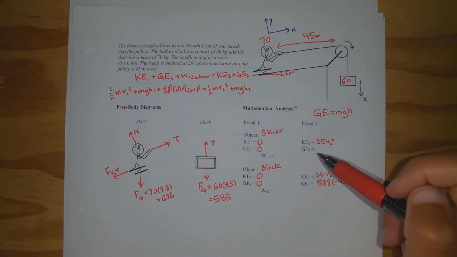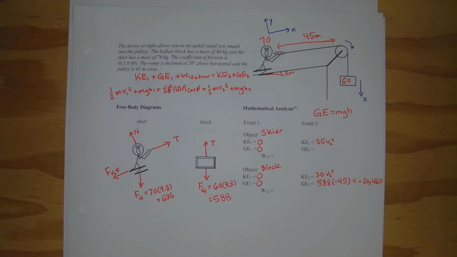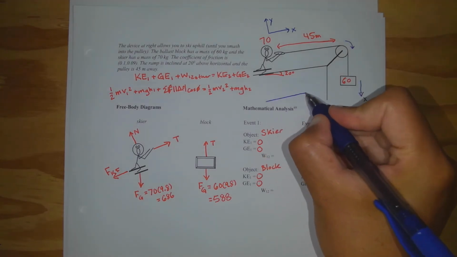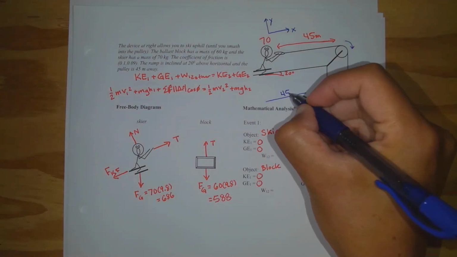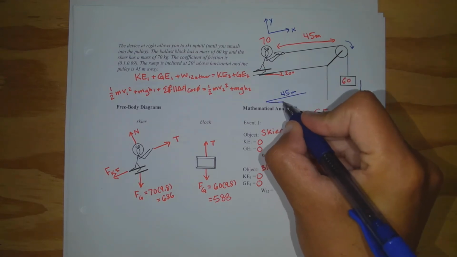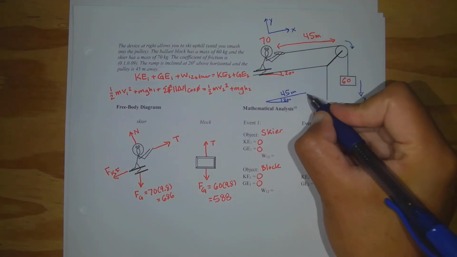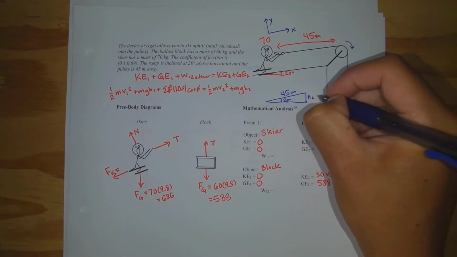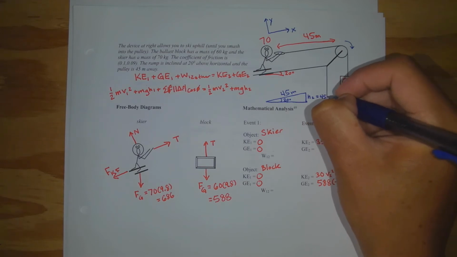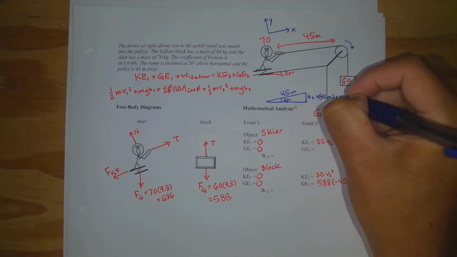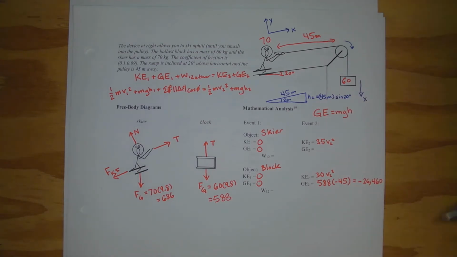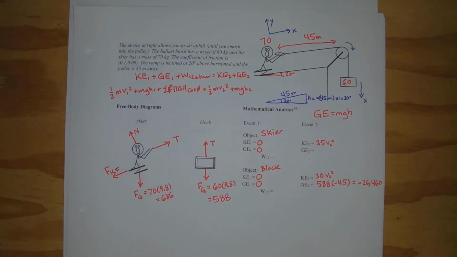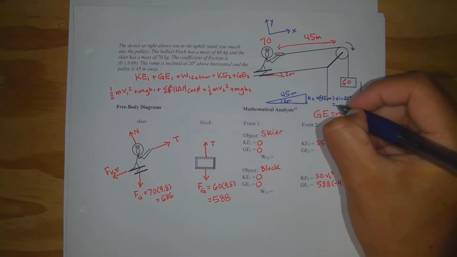For the skier, gravitational potential energy is m times g times h. The skier goes 45 meters up the incline. The angle is 20 degrees. So this is H2, and that's equal to 45 meters times sine of 20 degrees, which is 15.4.